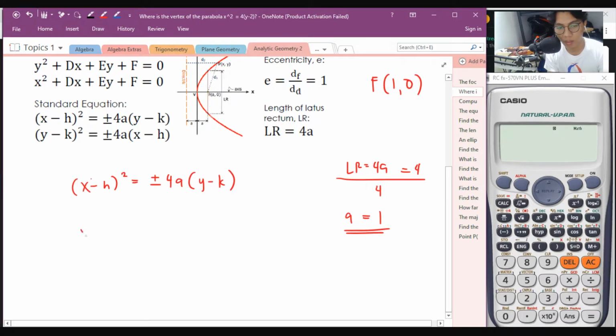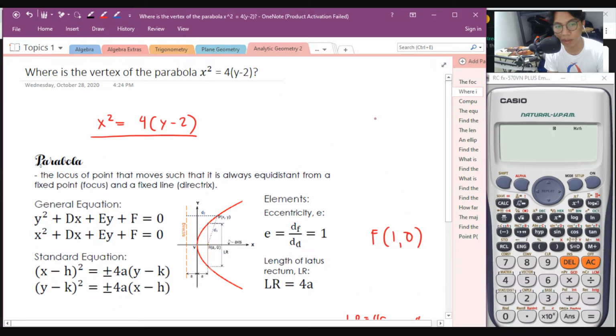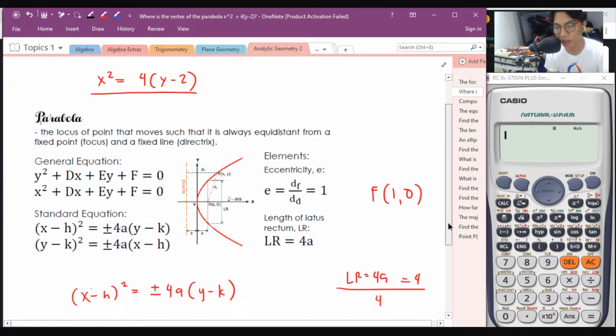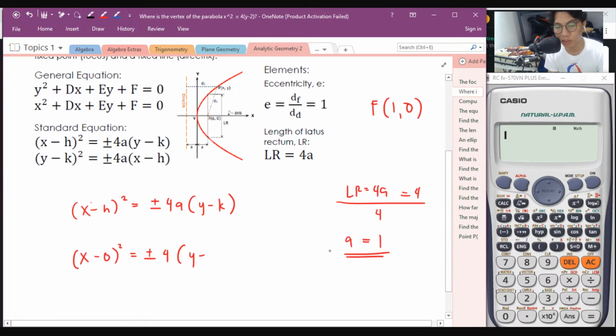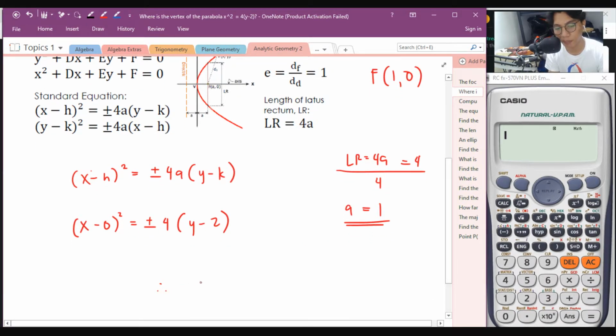Okay. Meron ka ditong x. By standard equation, meron ka ba dito nakasunod kay x? Therefore, your h is 0 equal to positive, negative 4 tapos y minus 2. Ibig sabihin, therefore, yung center mo or the vertex is at h, k.